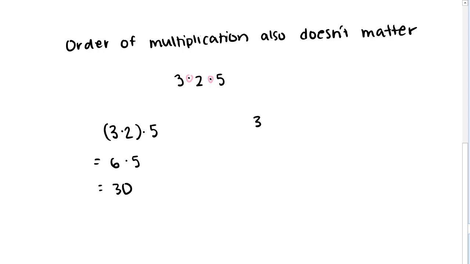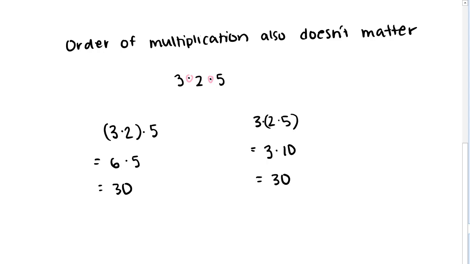On the other hand, if we take 3 times 2 times 5 and we do the 2 times 5 multiplication first, we get a slightly different next line in our computation process. This becomes 3 times 10, but this gives us the same result also, so this is 30. And so again, the order in which we apply multiplication doesn't matter.